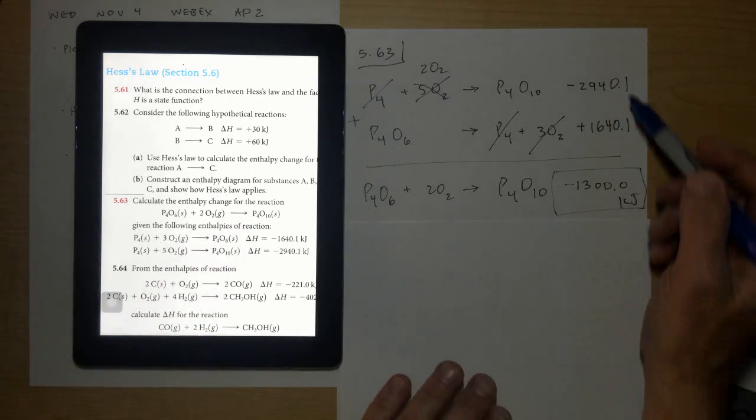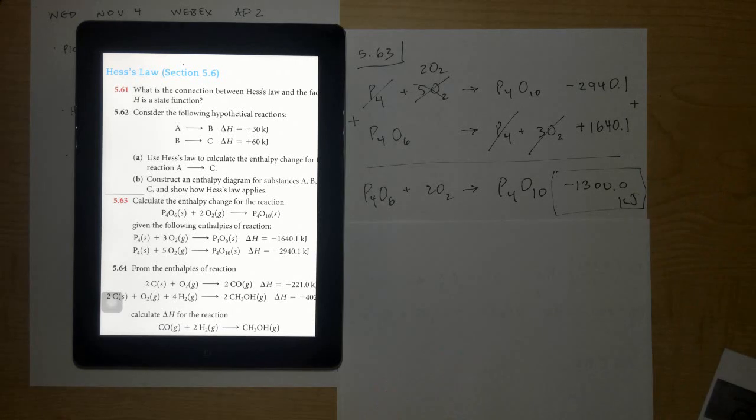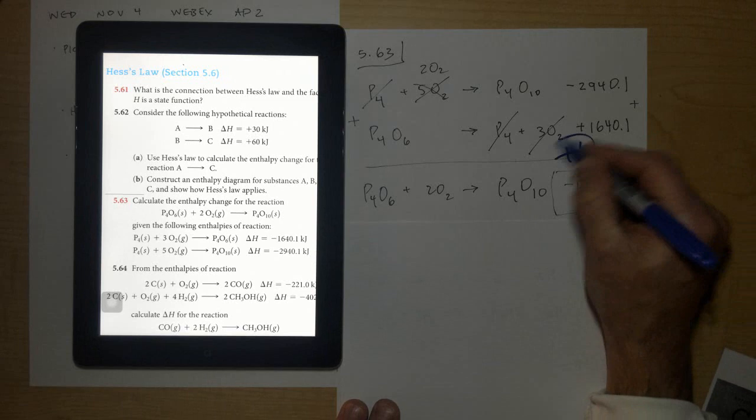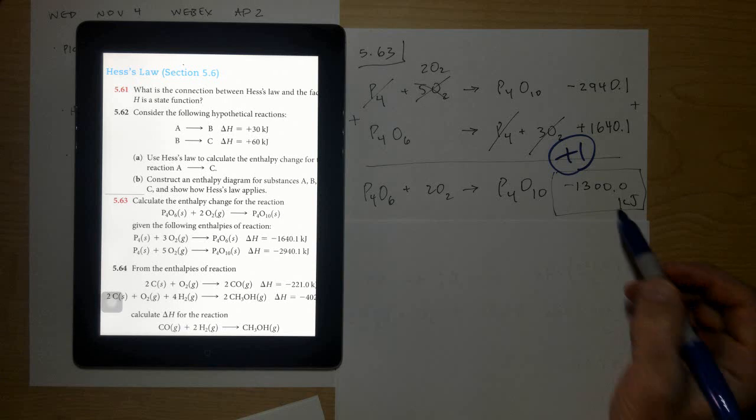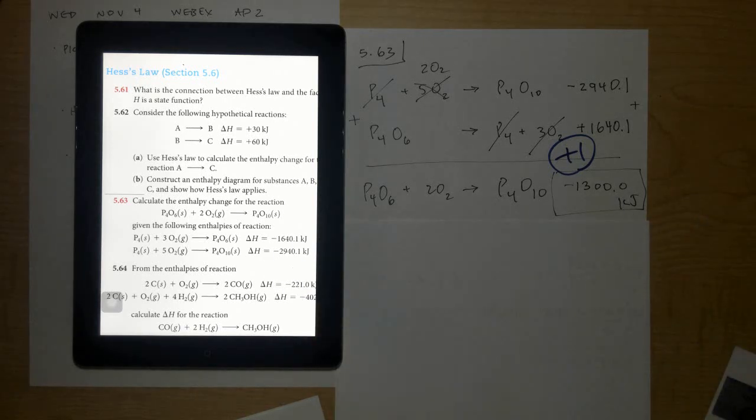Then I add these two enthalpies together to get my enthalpy change for the goal reaction. All that work is worth 1 point right there. That's what Hess's law says: you can manipulate reactions, add them together, and then you will get a goal enthalpy for a new reaction. Questions about 63.